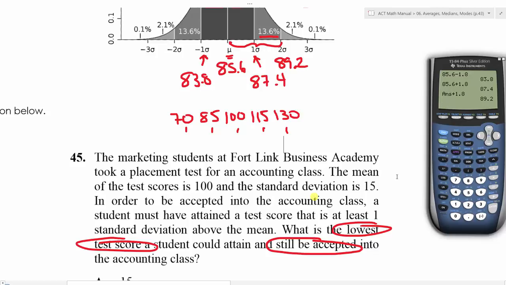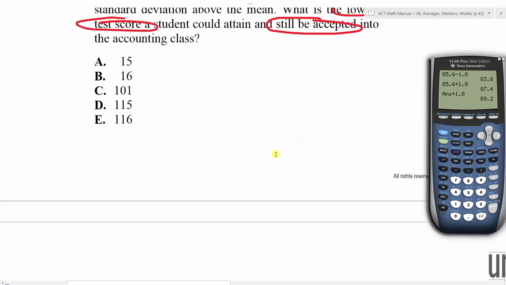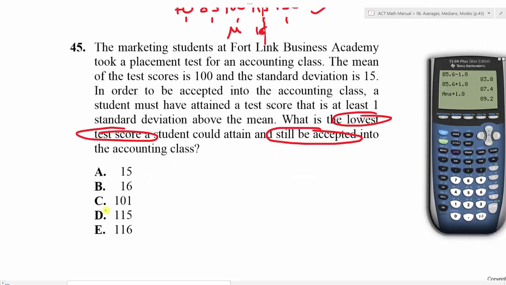I'm just laying these out here so we can sort of see what we're dealing with when we deal with the standard deviations. So the question is telling us that they have to have attained a score that is at least one standard deviation above the mean. So here's the mean, and here's one standard deviation to the right of the mean. So the students have to have scored at least 115. If they scored 115 or above, boom, they are accepted into the program, which means our answer is 115.